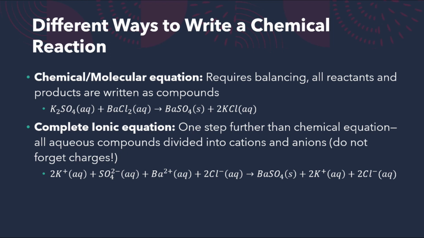So if we were to write the complete ionic equation of the above chemical equation, we would get 2 potassium ions in aqueous form plus 1 sulfate ion in aqueous form plus 1 barium ion in aqueous form plus 2 chloride ions in aqueous form, which go to barium sulfate in solid form plus 2 potassium ions in aqueous form plus 2 chloride ions in aqueous form.